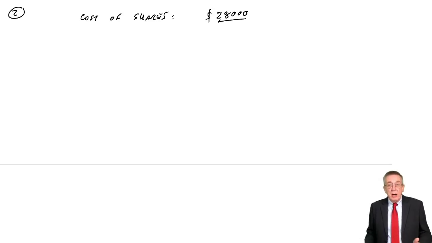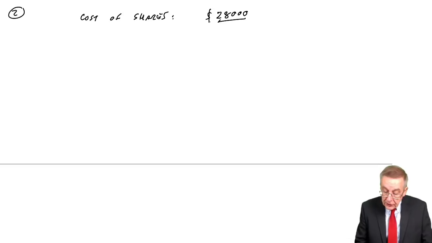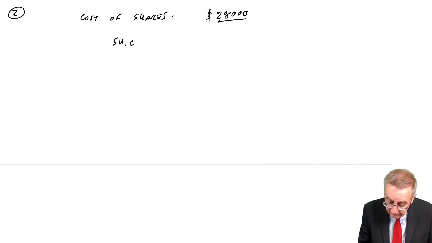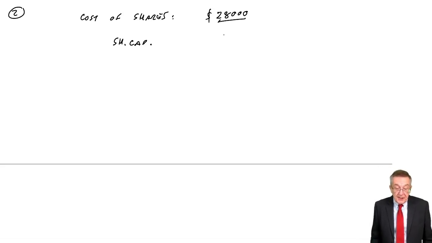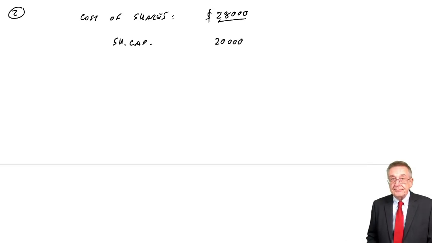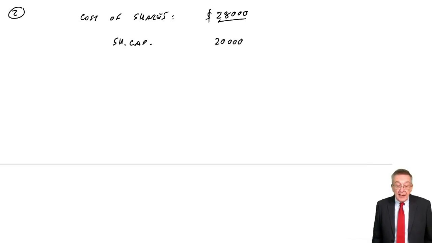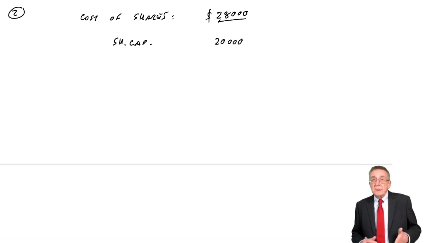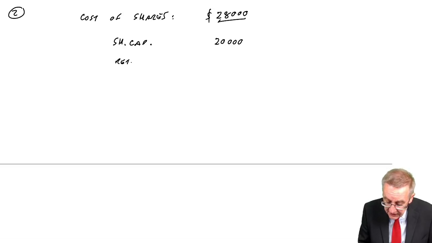How much was S worth at the date they bought it? Well, the share capital of S at the date they bought it, presumably it was the same as it is now, which is 20,000 on S's statement. But they paid more because at the date they bought it, S was worth more because S already had retained earnings. And what were the retained earnings when they bought it?